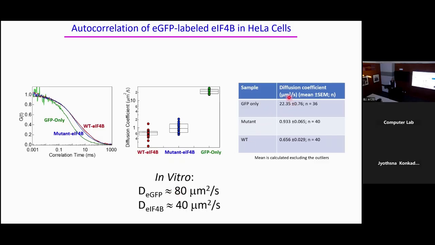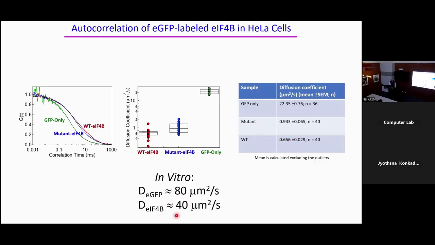So 22 is about 4 times slower than what GFP diffuses in an in vitro experiment. But the EIF4B diffuses much slower than that. So if you would put the 4B into a cell, the diffusion constant of that size protein is about 40 micrometers squared per second. But inside of a cell, the wild type is only 0.6.